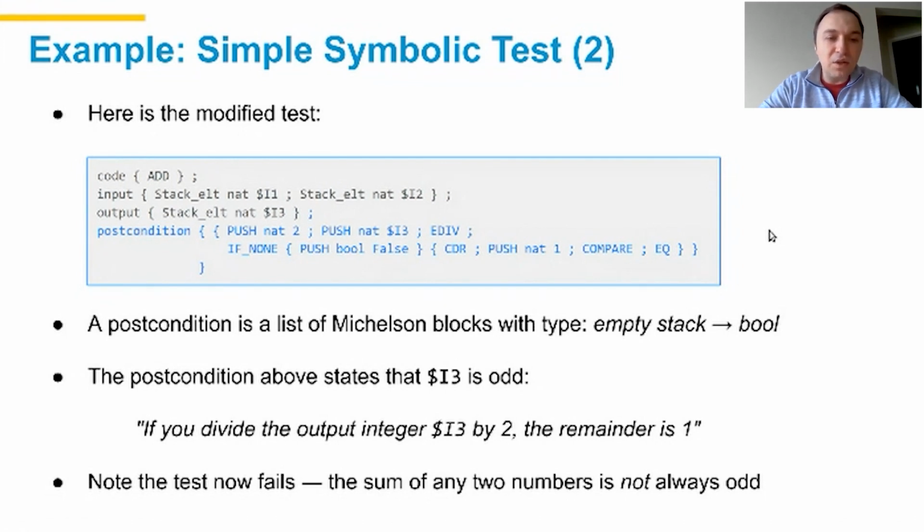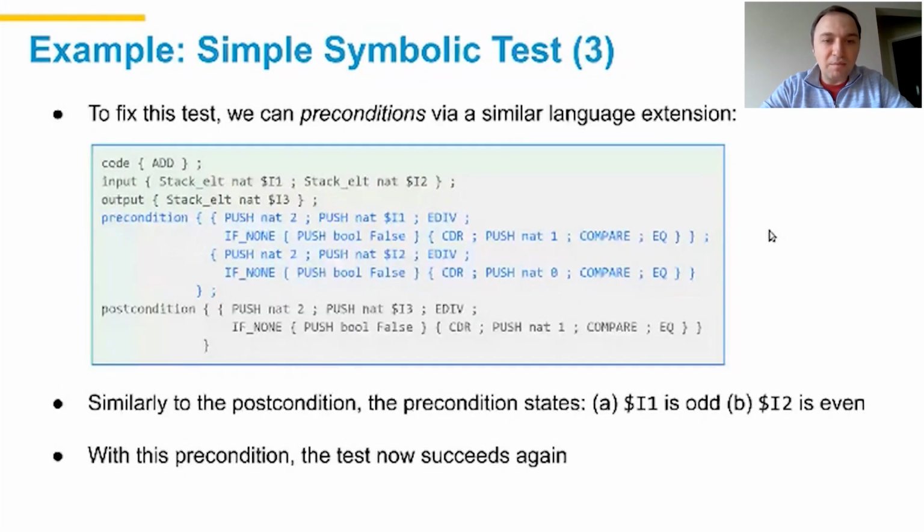Now, this test will fail for the simple reason that if you give any nat I1 and I2, and you do the division, the result will not always be even or odd, excuse me. So that's not going to work, and we're going to have to do something to fix it.